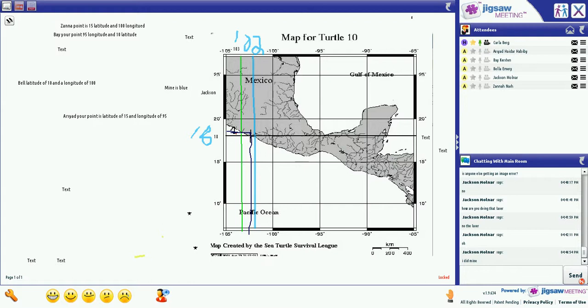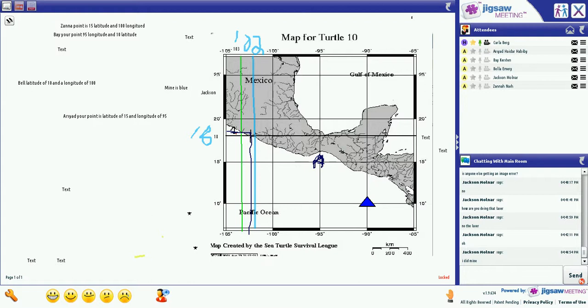All right, so what you guys are doing is you don't need to draw the lines. You can, but what you really need to do is make your point. Okay, so I just made a triangle at 90 degrees longitude and 10 degrees latitude.